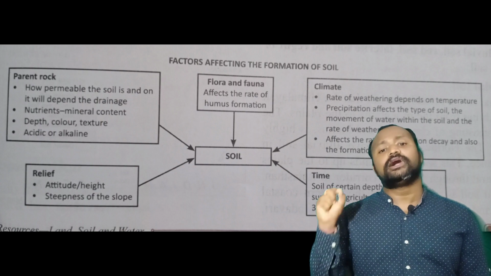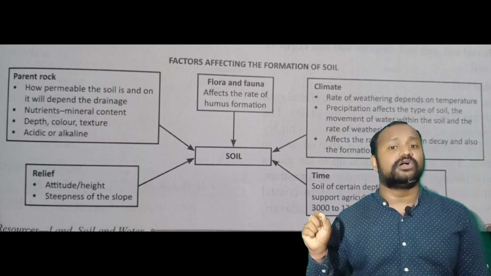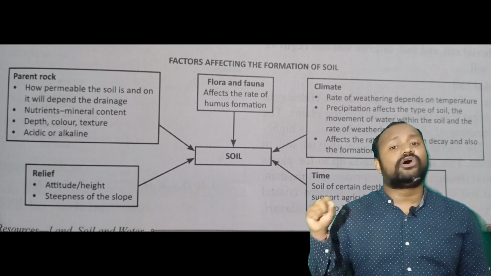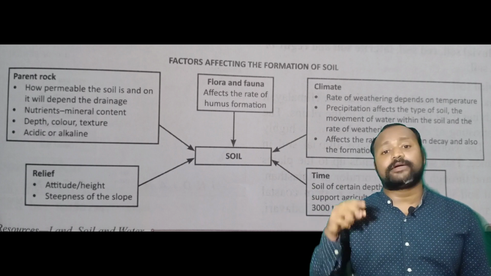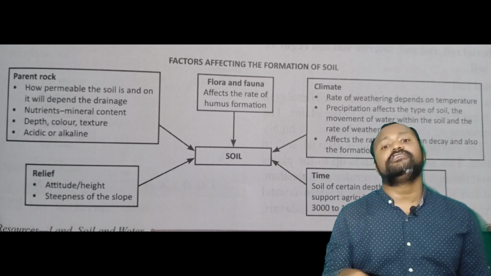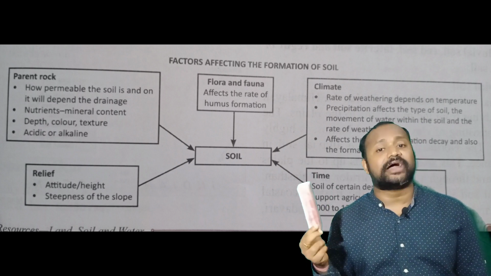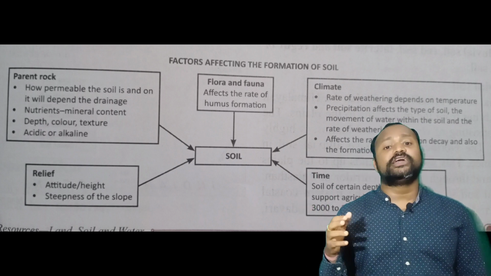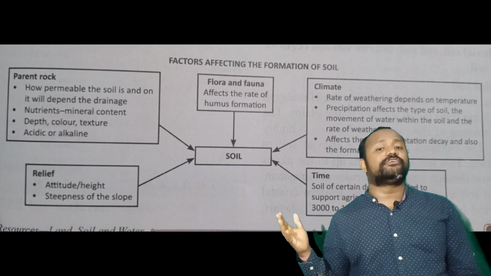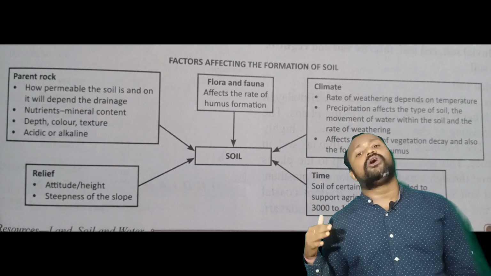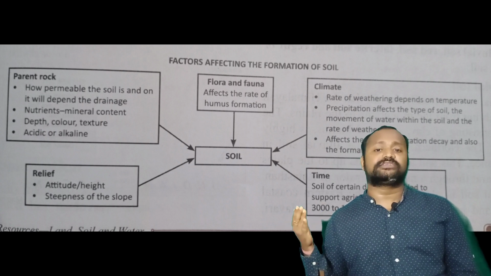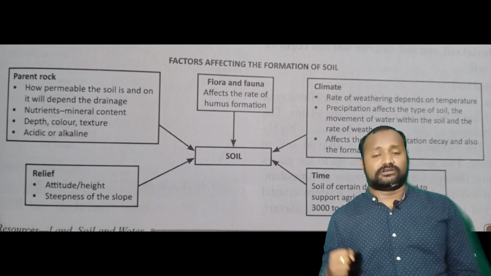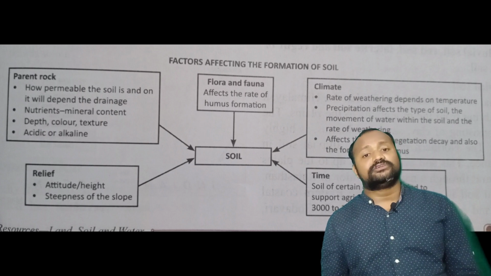Normally the soil contains all the nutrients, all the characteristics, all the minerals, the color, the texture, everything carried forward from the parent rock. For example, if a soil is formed from basaltic rock or igneous rock, it will carry almost all the characteristics of basalt or the igneous rock.